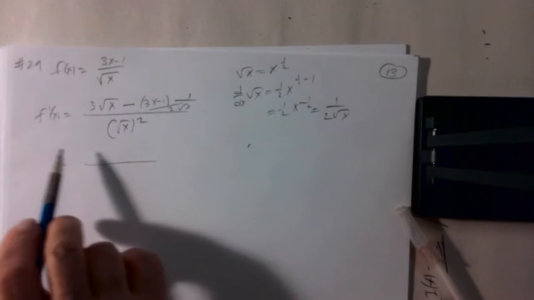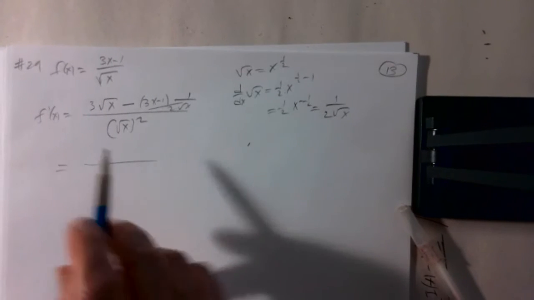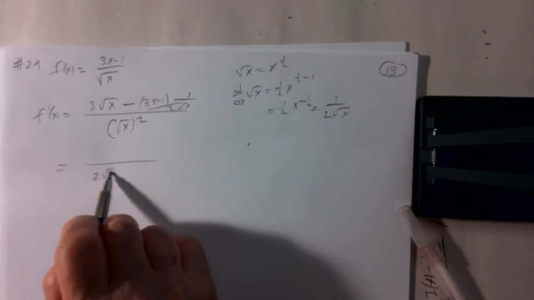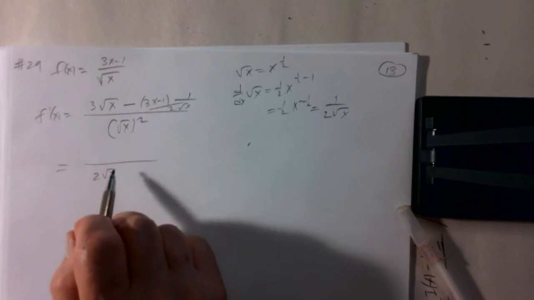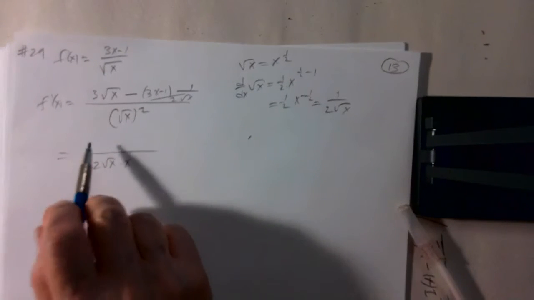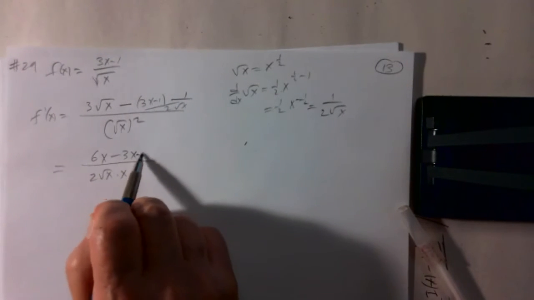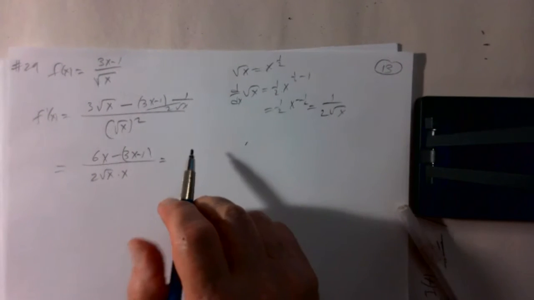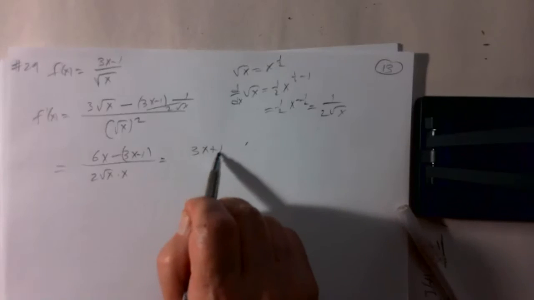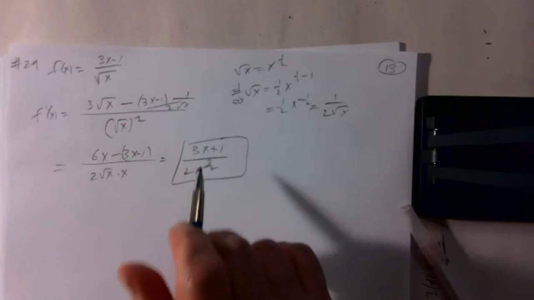So if I multiply numerator and denominator by 2 root x, in the bottom I get 2 root x times root x squared, which is x. 2 root x times 3 root x is 6x, minus 3x minus 1. So this looks like 3x plus 1 over 2x to the 3/2.